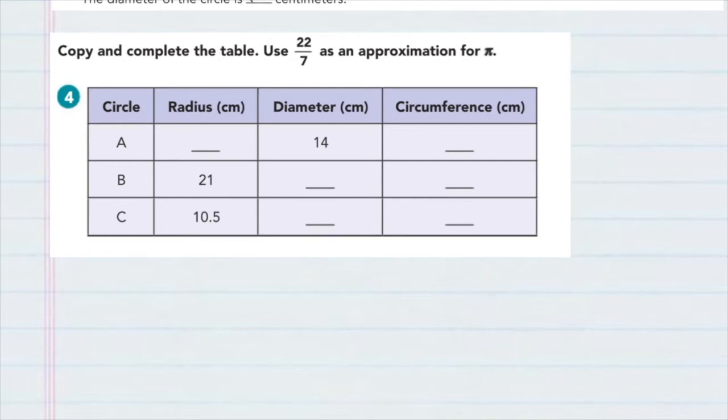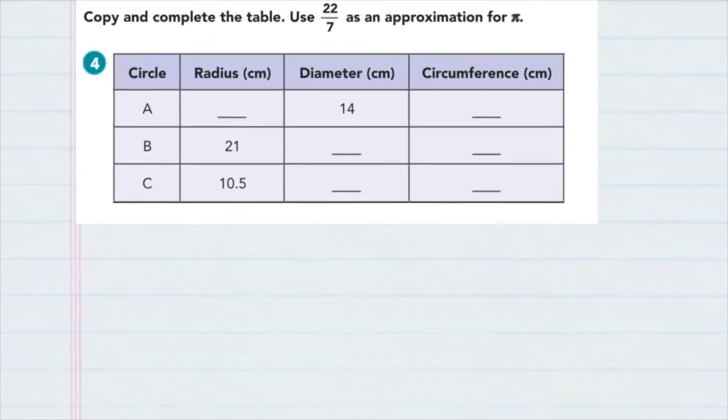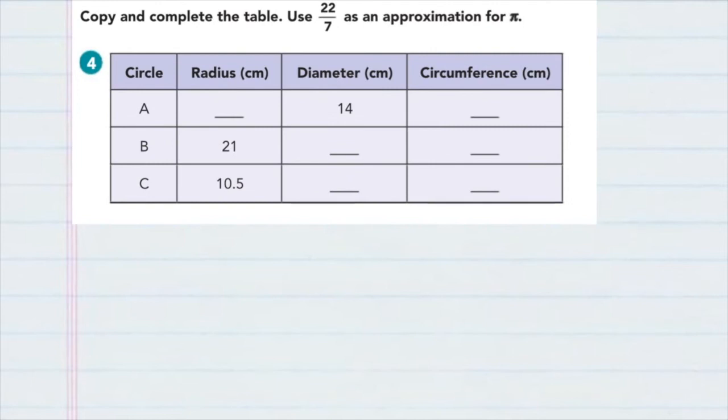So let's see, we have circle A, and sometimes it's easier to just draw out the circles, and we can label what we know. So let's make some circles.